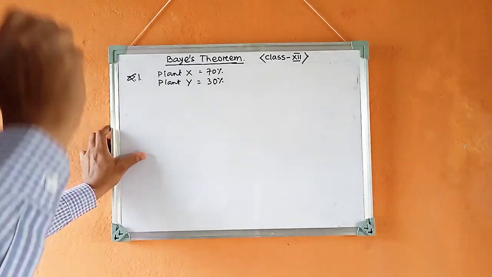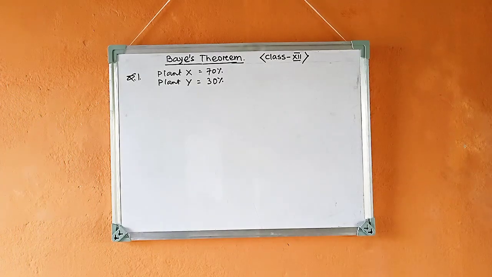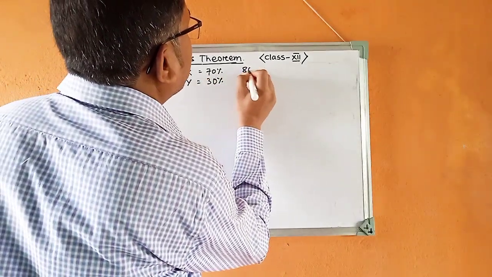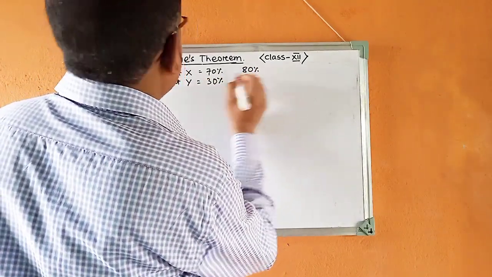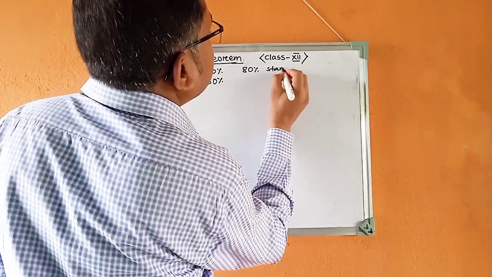Now, plant X produces 80% cars of standard quality and plant Y produces 90% cars of standard quality.